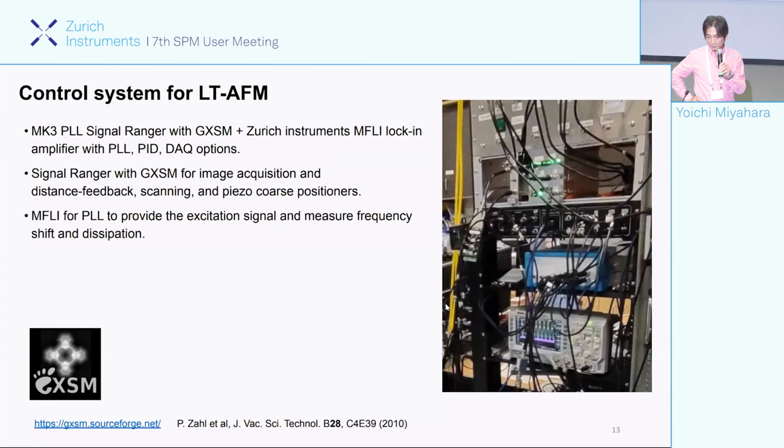And we use, of course, a Zurich Instruments MFLI lock-in for PLL, PID and data acquisition. We use the Signal Ranger with GXSM for image acquisition, distance feedback, scanning and piezo coarse positioning, and the MFLI for the PLL to provide the excitation signal and measure the frequency shift and dissipation.